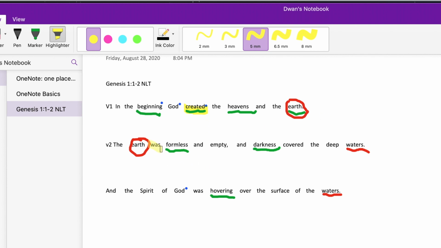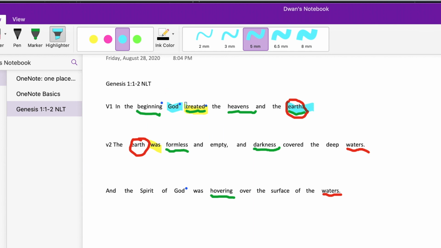Was is a verb, and so on and so forth. Then you have nouns: people, places, or things. So God is a noun, and earth is a noun, and so forth.